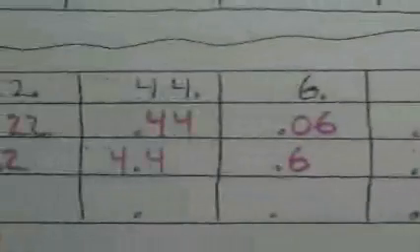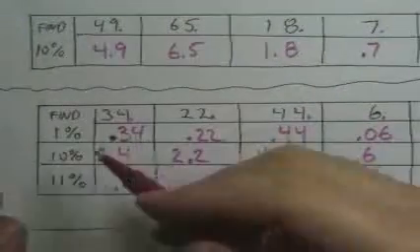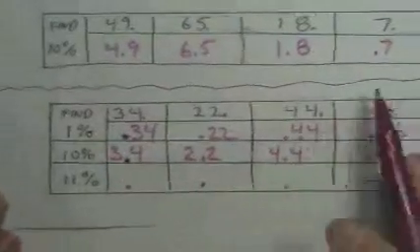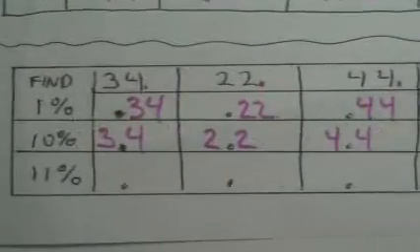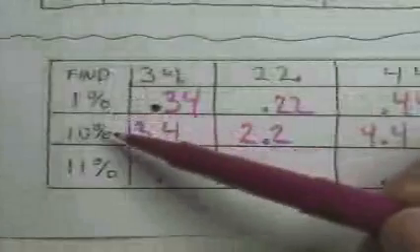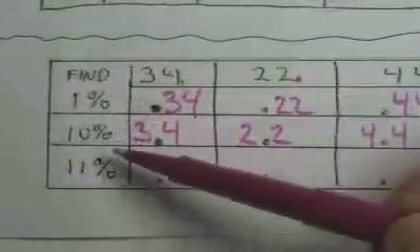All right. Now that we've done that, here's the trick about percentages like this, 10%, 1%. You can actually add percentages. So if I wanted to find 11% of a number, then all I have to do is add 1% and 10% together to get 11%.